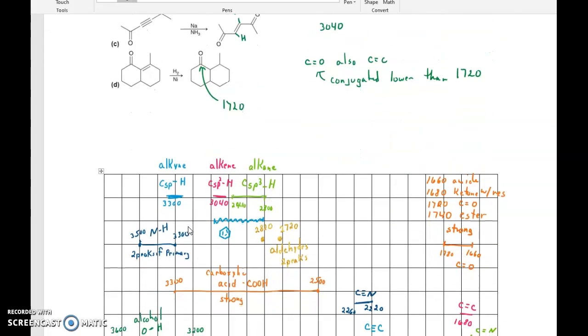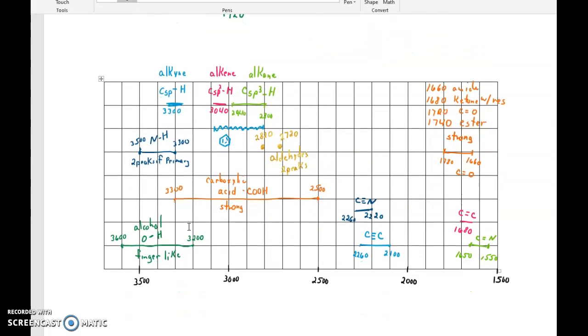Okay, so this is the chart that I made up. I'm going to suggest that you need to make up your own chart. These are all the absorptions. We've got our double bonds in here: carbon-carbon, carbon-nitrogen, and carbon-oxygen.